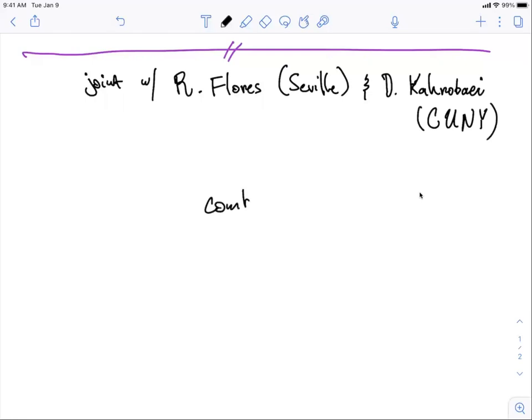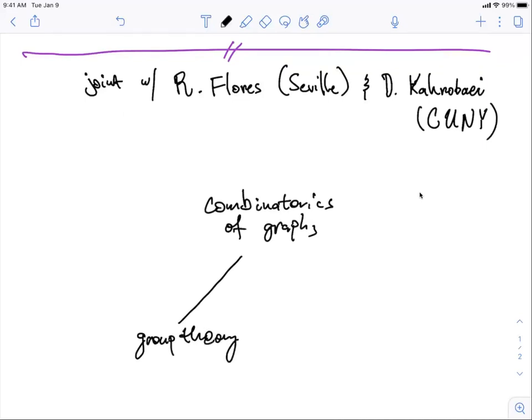So at one vertex, we'll have combinatorics of graphs. For me, graphs are always finite and simple, so they have no double edges and no loops based at a vertex. And then group theory and topology.